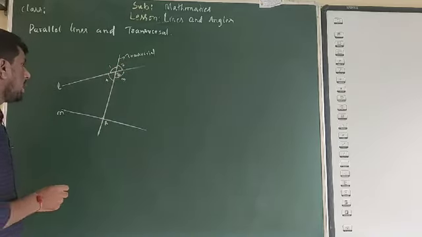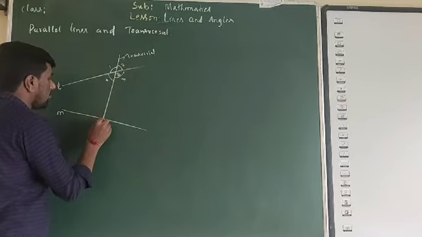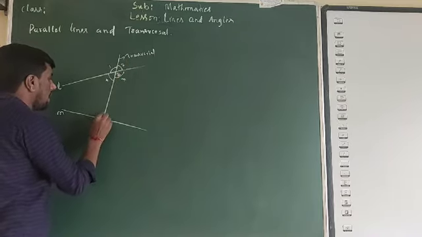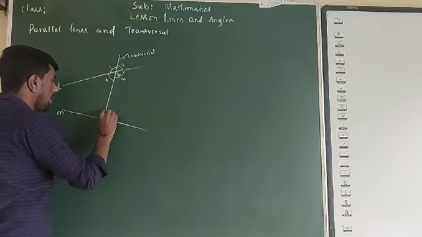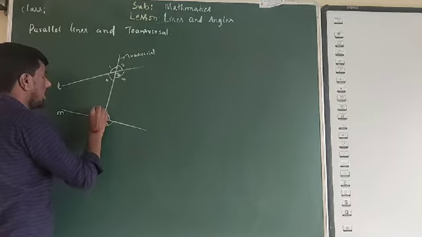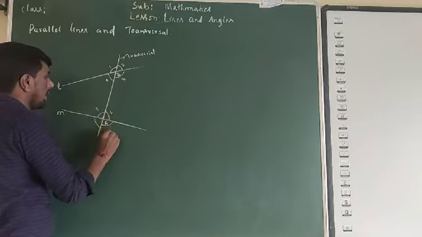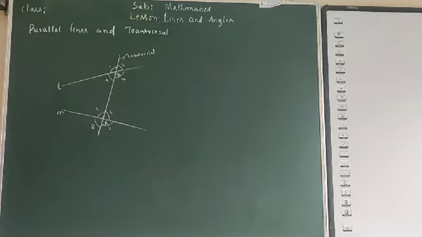Again here also, this is the transversal line and this is the other line M. Those two lines intersect, creating vertically opposite angles. How many angles are created? Four angles: angle 5, angle 6, angle 7, angle 8. So how many angles do we have now? 8 angles.